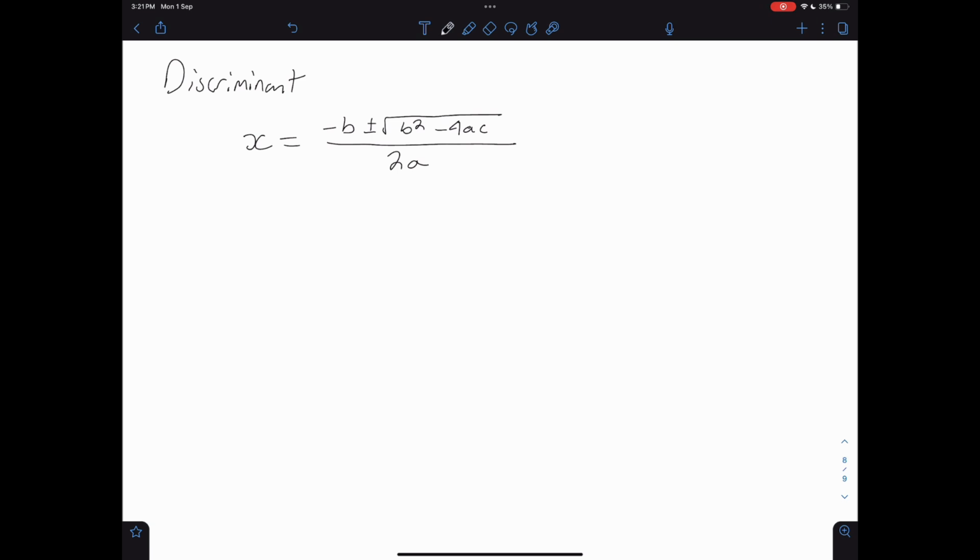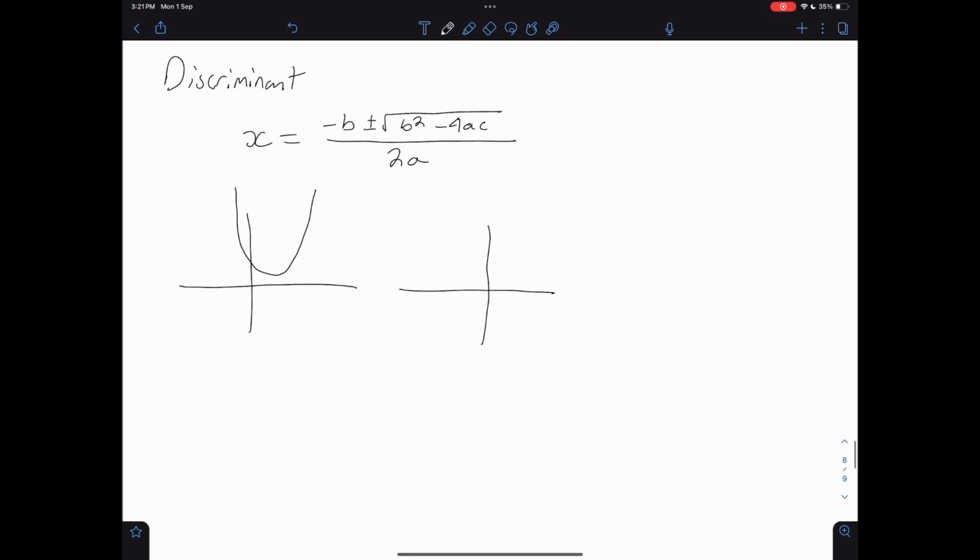this part of this is very important in quadratics, and to explain why, I'll just give you 3 different parabolas. It honestly doesn't really matter where the y-axis is, it just matters where the x-axis is for this exercise.